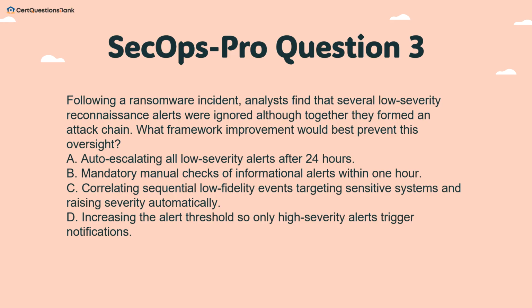B. Mandatory manual checks of informational alerts within 1 hour. C. Correlating sequential low-fidelity events targeting sensitive systems and raising severity automatically. D. Increasing the alert threshold so only high-severity alerts trigger notifications.